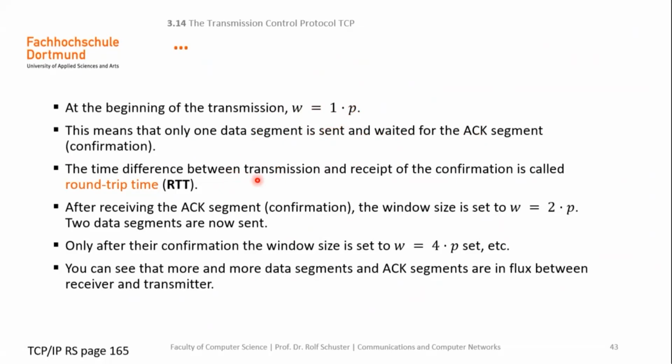After receiving the acknowledged segment confirmation, the window size is set to two segments, and in that way, the window size is incremented each time the transmitter receives the acknowledgements from the receiver.